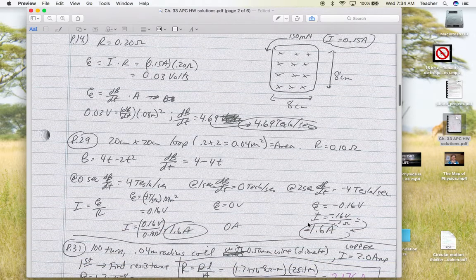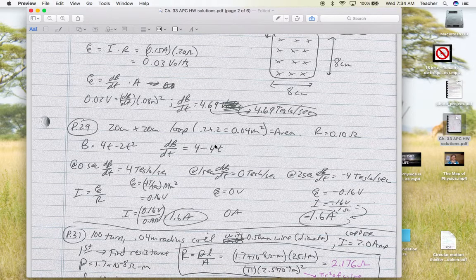For 29, in this particular case, it gave you the flux. You can figure out the change in field strength. It gave you the change of field strength with respect to time. So you take the derivative of this to get this, and at 0 seconds, at 1 second, at 2 seconds, you can determine the current because it's that rate of change of flux divided by resistance.